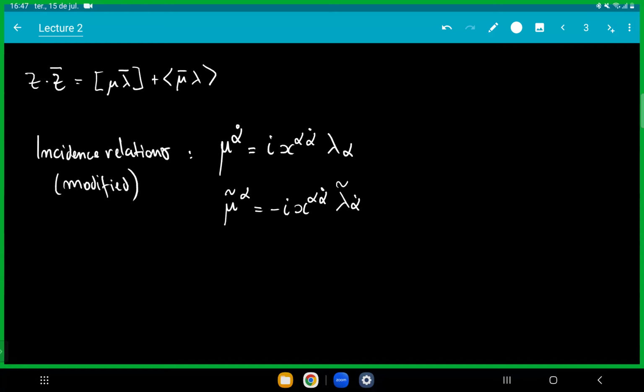So we have these modified incidence relations. If we consider this, and this is a good exercise so you get used to these inner products, you can show explicitly by this kind of computation, considering this tilde as being bars, that this is just equal to i times x minus x dagger alpha dot alpha, lambda alpha lambda bar alpha dot.